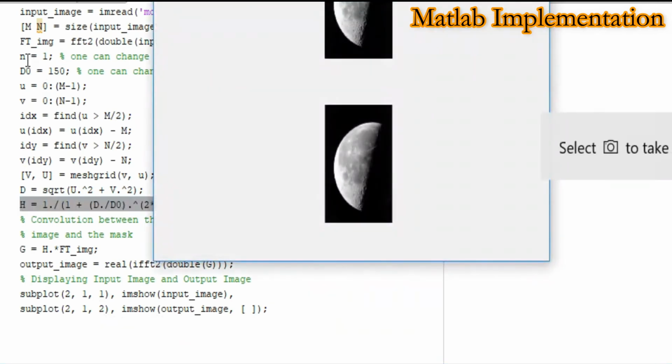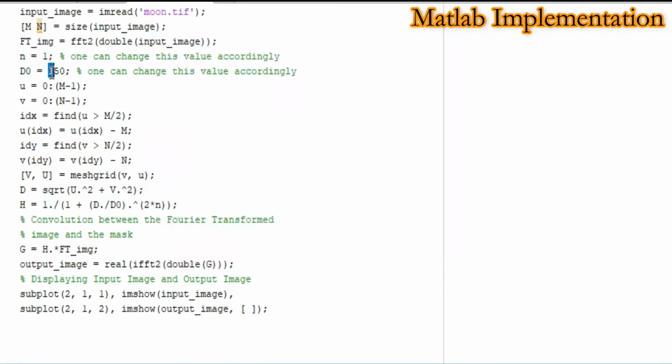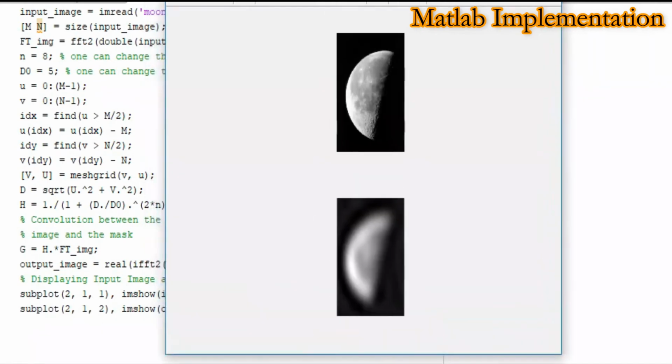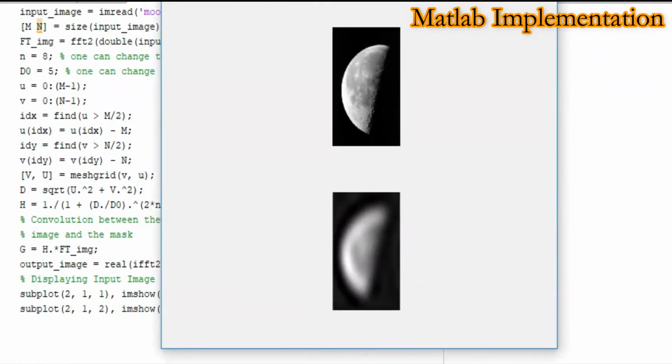Here in this case the order n is 1 and the D0 value is 150. Now I will change the D0 value to 5 and the order to 8. You can see the output is blurred. The output is not clear because the D0 value is 5 and the order is 8.